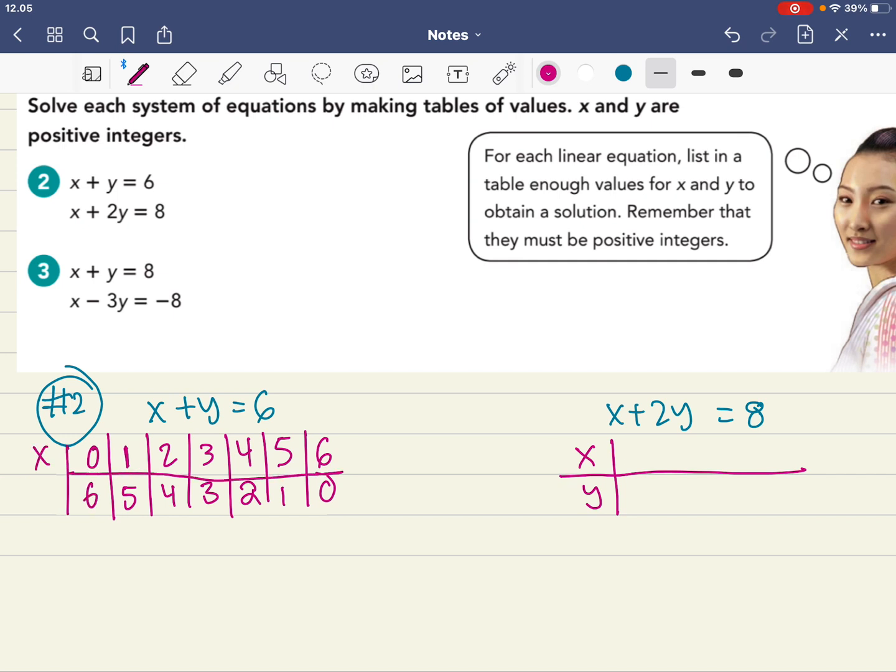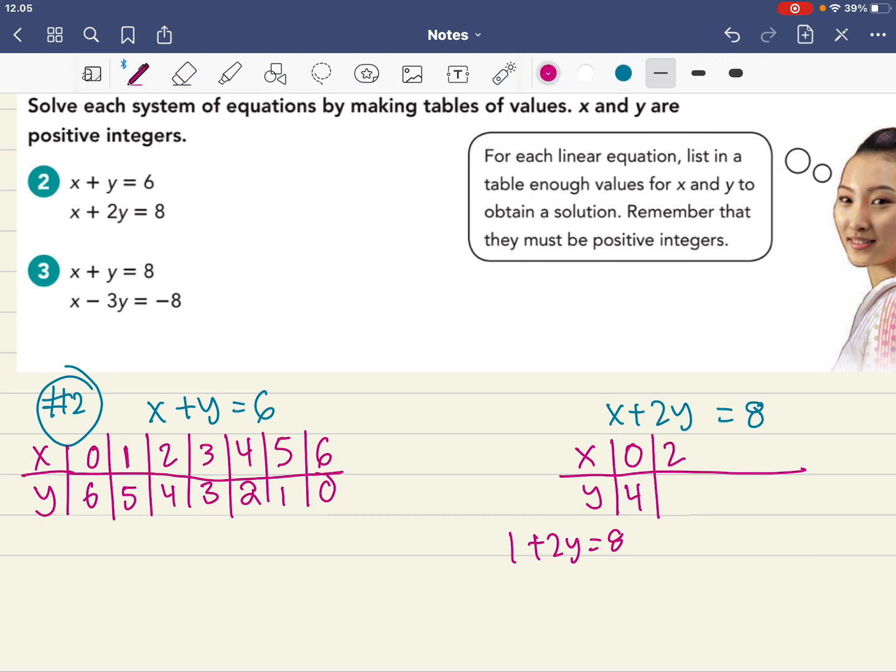Okay, x, y. If we plug in 0 for x, then y is 4. If we plug in 1 for x, y is 7 over 2. They say x and y have to be positive integers. So this is not a positive integer.